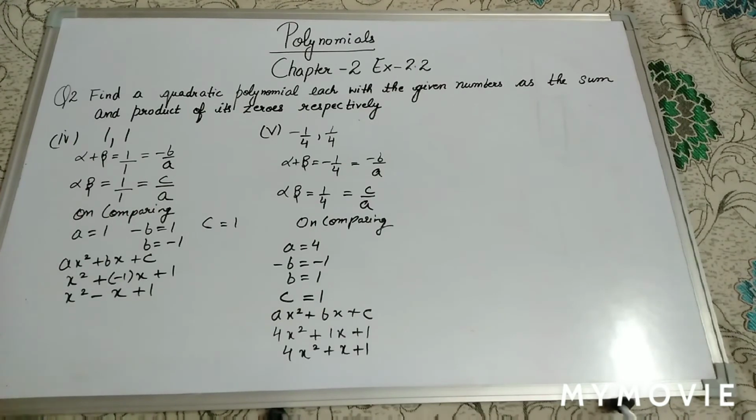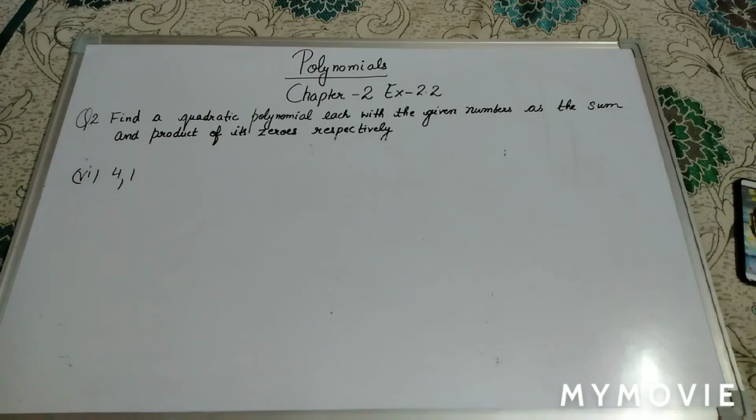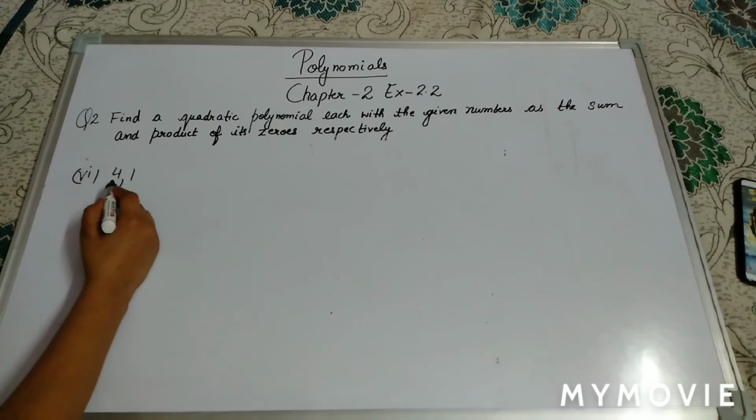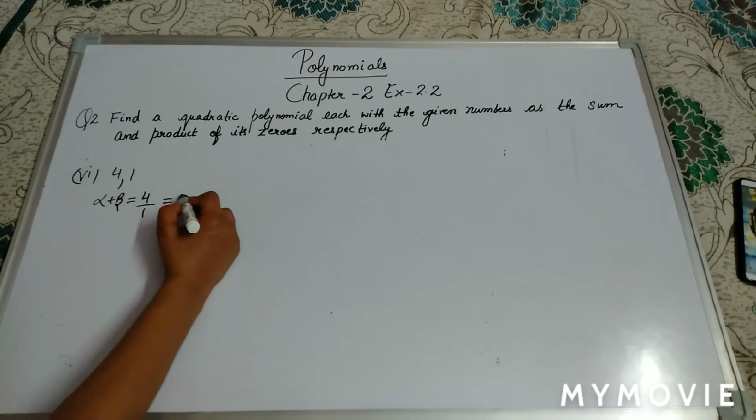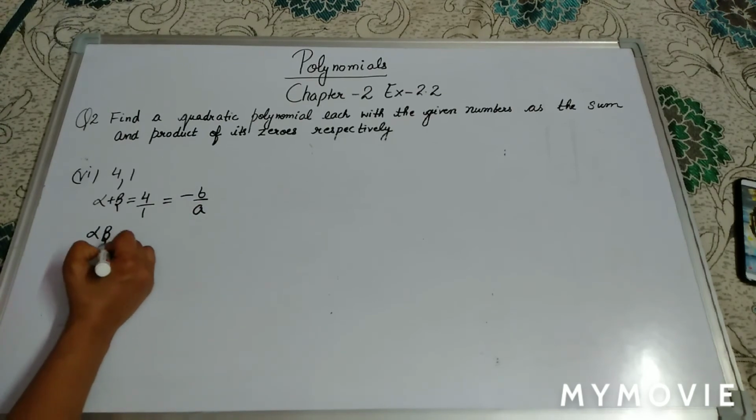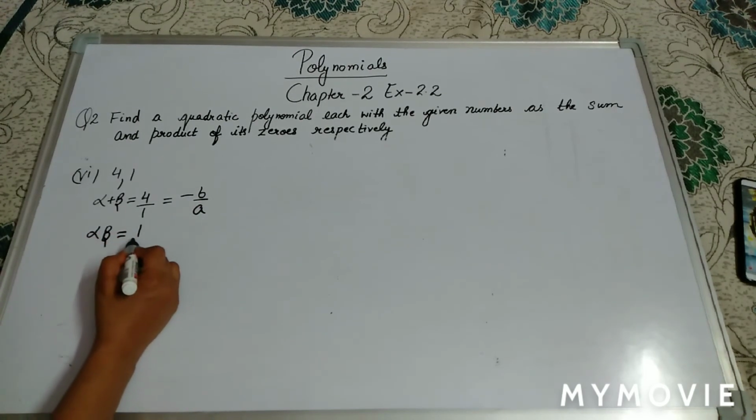Now next, come on to the sixth part, and the sixth part is 4 comma 1. See, the sum of zeros is given to you as 4 and there is no number in the denominator, so 1 will be there. Sum of zeros is equal to minus b by a, and the product of zeros is also given to you, that is 1.